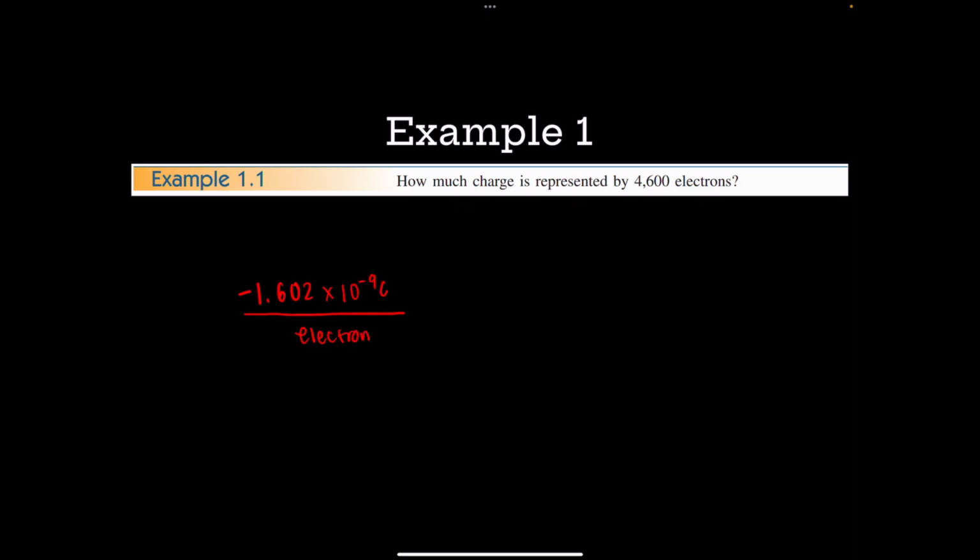And we have 4,600 electrons, so we need to multiply that by 4,600. The electrons will cancel, and we're left with negative 7.4 times 10 to the negative 16 coulombs. This is the amount of charge present in 4,600 electrons.